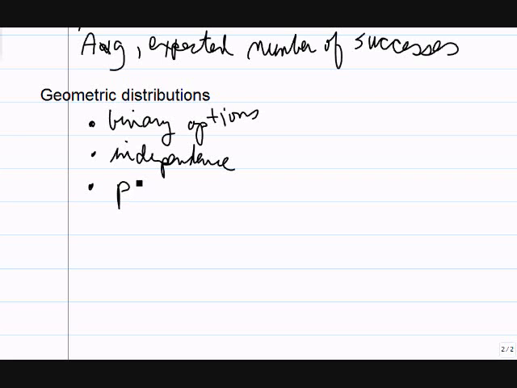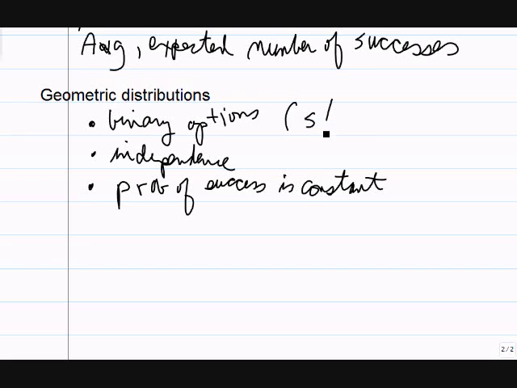Probability of success doesn't change. So male, female, yes, no, success, failure. Only two. These three restrictions put us into what's called Bernoulli trials.